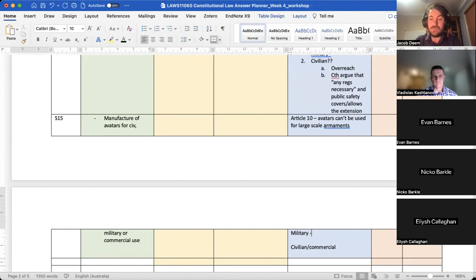So if it was just military, if section 15 just said empowering the Minister for Defence to establish a government-owned Australian avatar factory for the purpose of manufacturing safe, technologically advanced avatars for military use, how would we feel about it then? Primary or secondary? Primary. Yep.